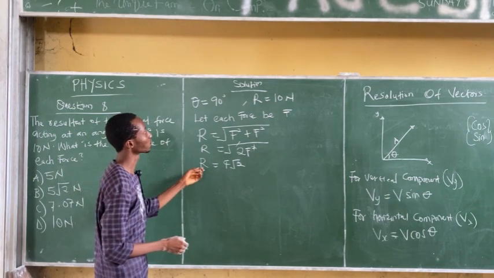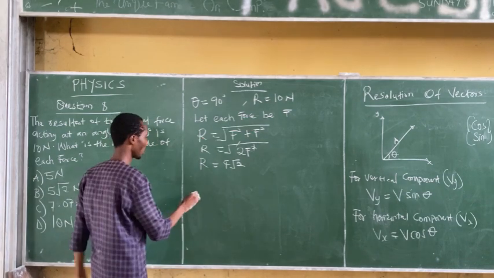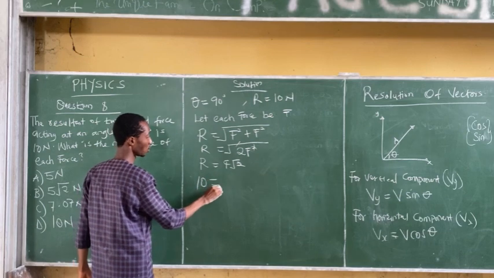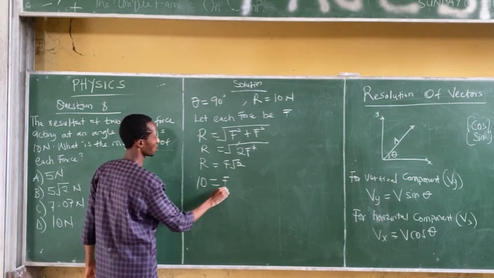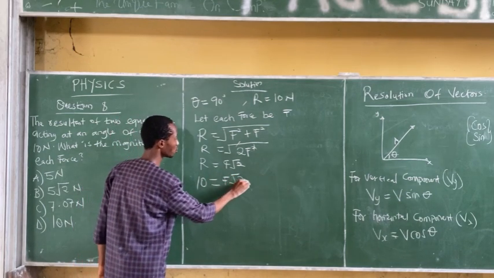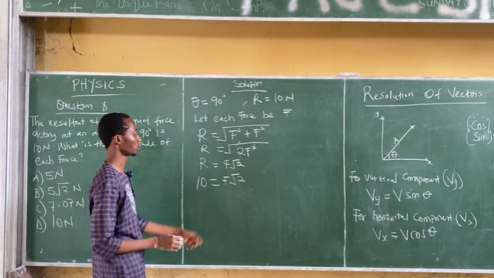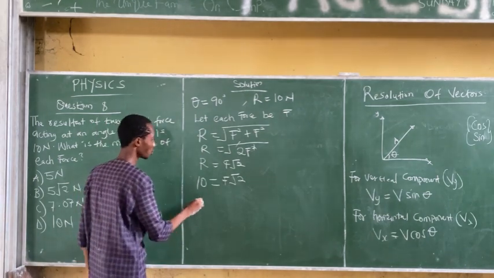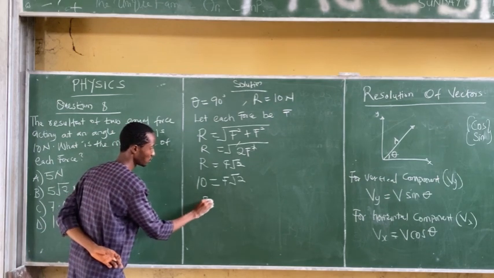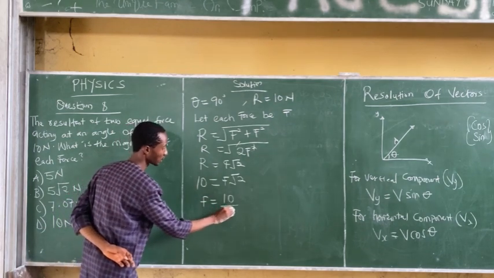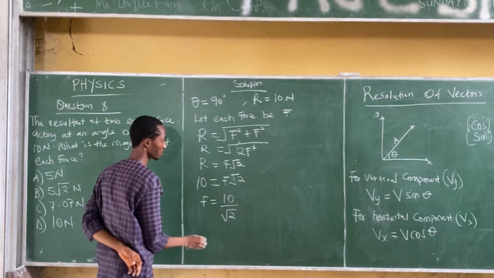Don't forget, from the question they give us R to be 10. So we have 10 is equal to F root 2. We are looking for the force, so we make F the subject of the formula, and we divide by root 2. We have F equal to 10 divided by root 2.